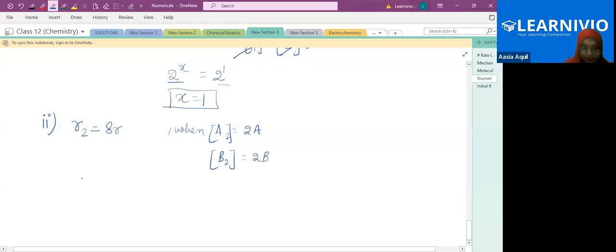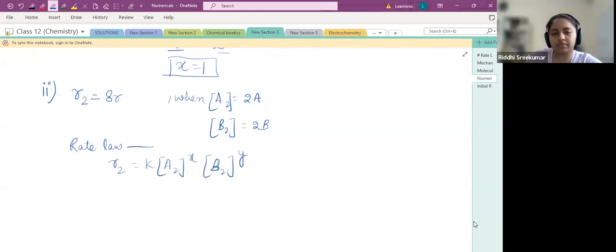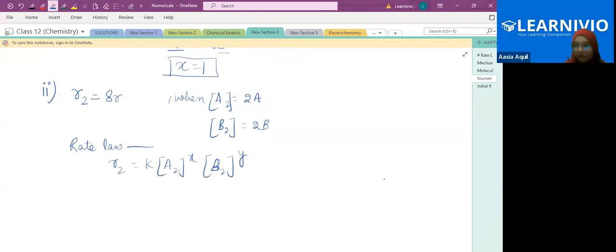Now apply the rate law. So rate law will be R2 is equal to K into A2 raised to the power x and B2 raised to the power y. And now don't substitute the value of x here, right? In the last we will substitute the value. So R2 is equal to 8R, right?